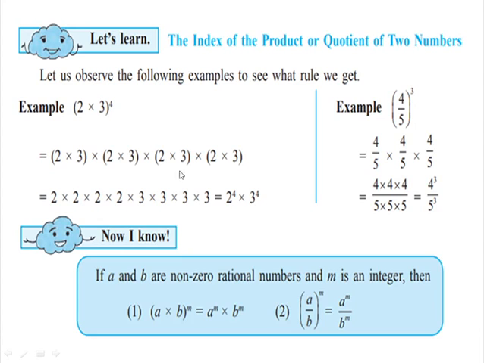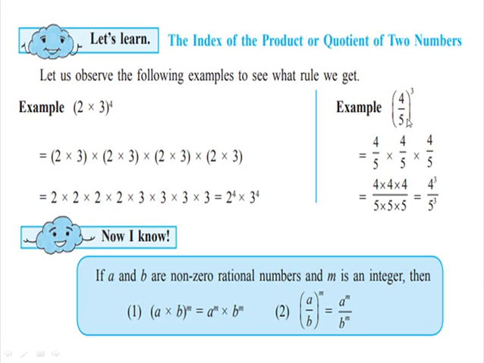Now what is seen here from the example and the answer, that is, this index is distributed to both the numbers in the bracket or over the product. That is 2 multiplied by 3 raised to 4 is 2 raised to the power 4 multiplied by 3 raised to the power 4.